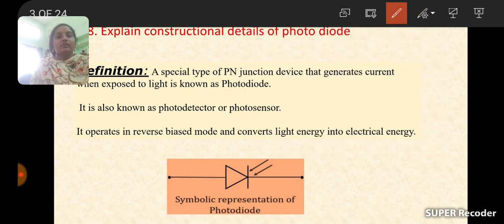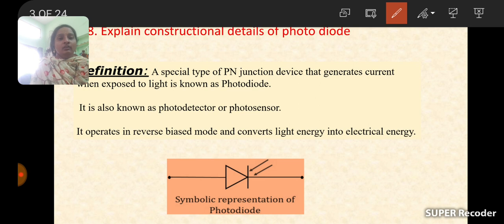What is the theme involved in the photodiode? The photodiode will convert the light energy into electrical energy. So photo means what? Photons, light energy. If we apply the light energy across the junction of a PN diode, the amount of current must be increased. That's why this is called a light to current converter.